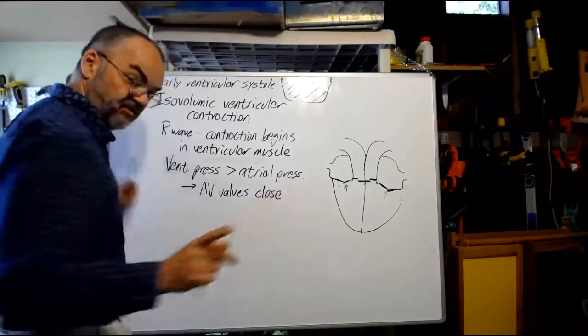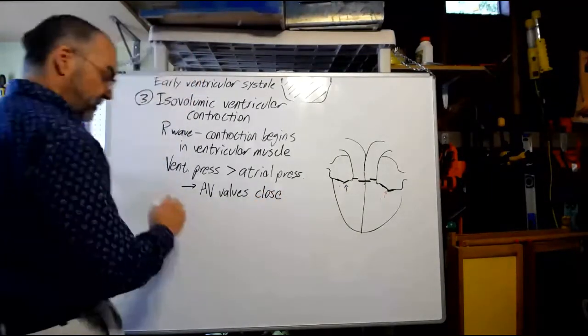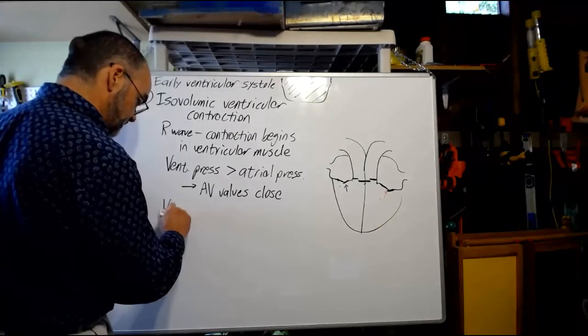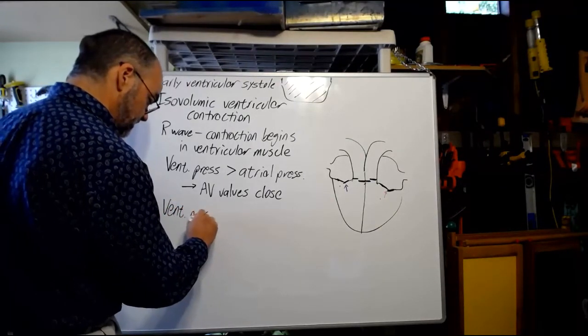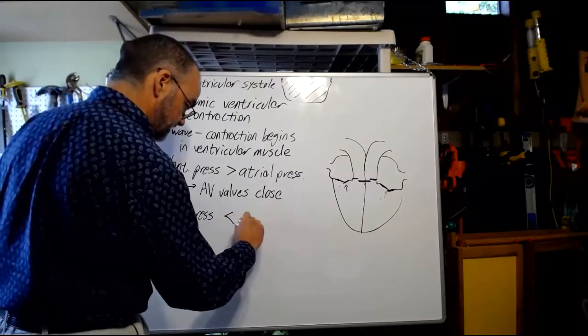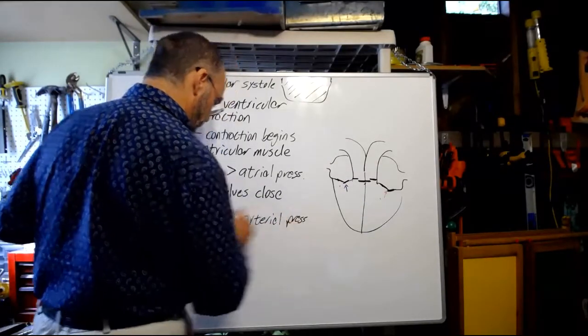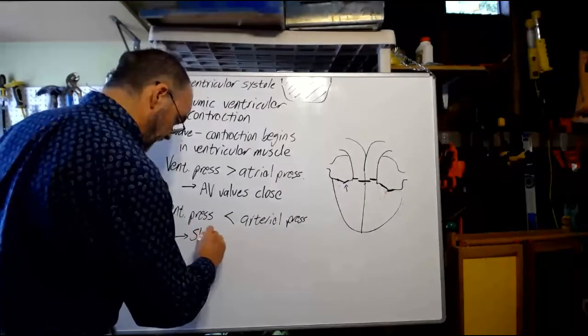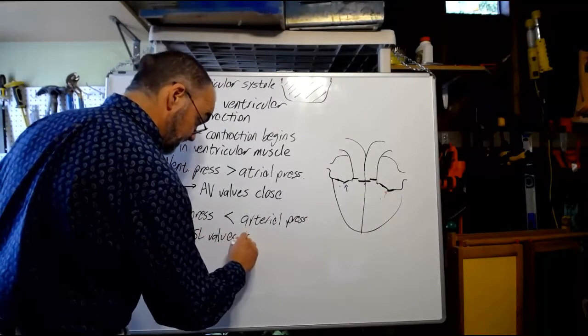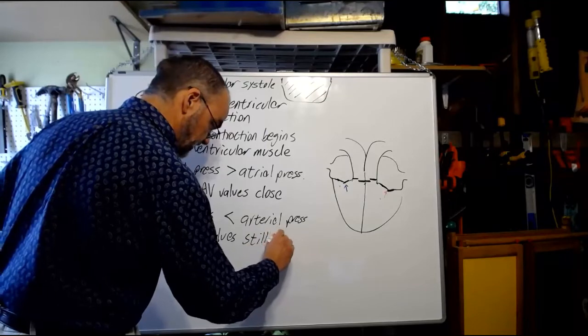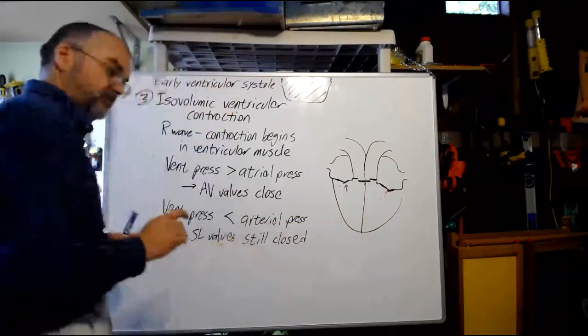Leave a little space here in your notes. We're going to come to something about that in just a moment. But we'd still say that ventricular pressure is still less than arterial pressure, which means the semilunar valves are still closed. They were closed before, and they are still closed.